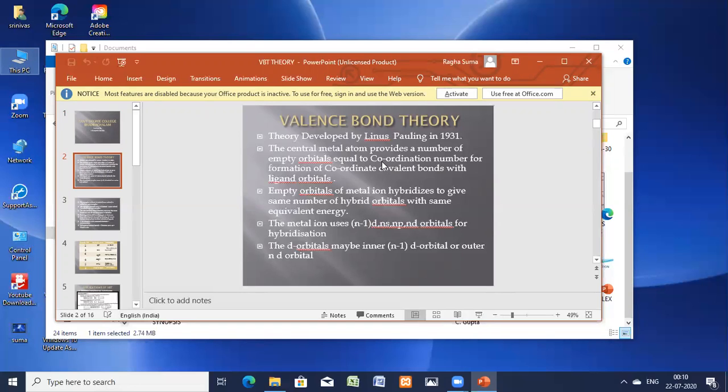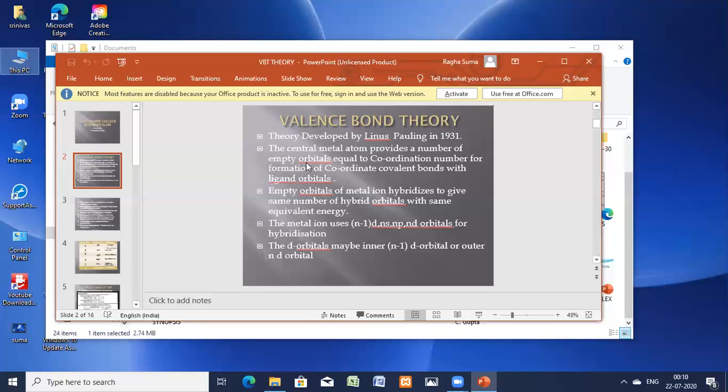So it provides 6 empty orbitals. The number of ligands is the coordination number, and according to the coordination number, the empty orbitals are provided by the central metal atom. That is the first postulate.